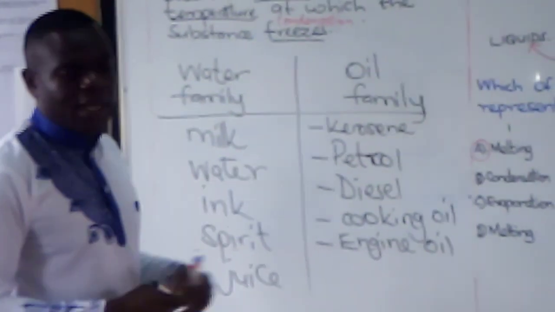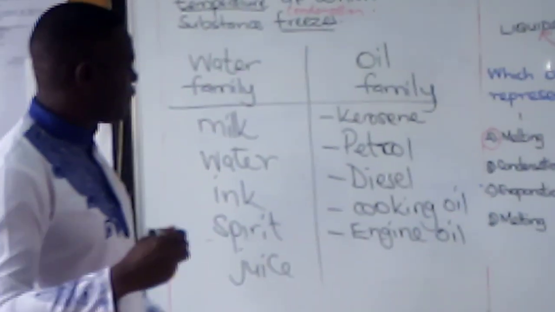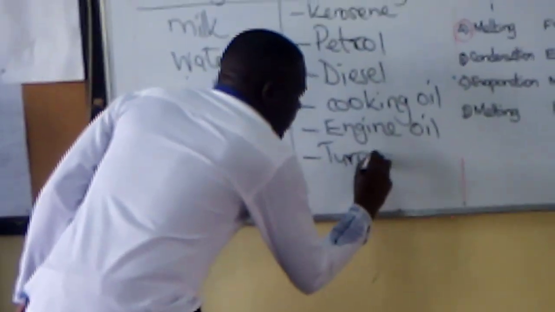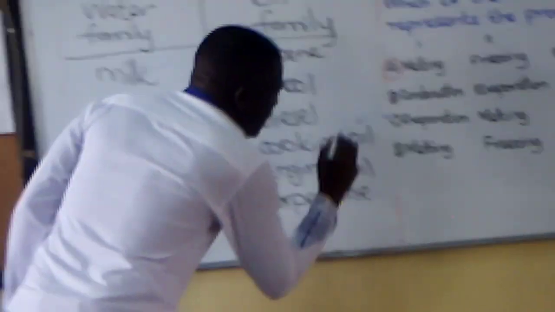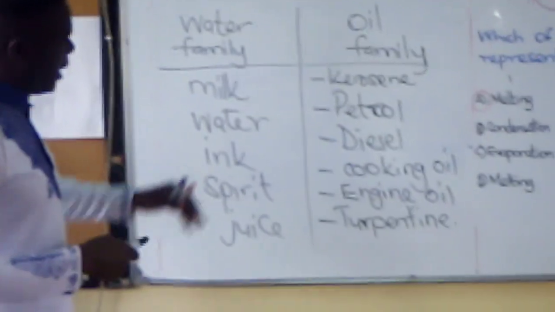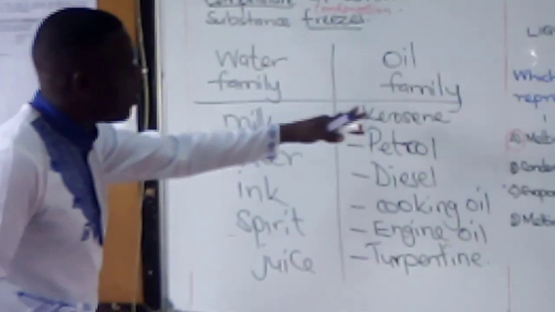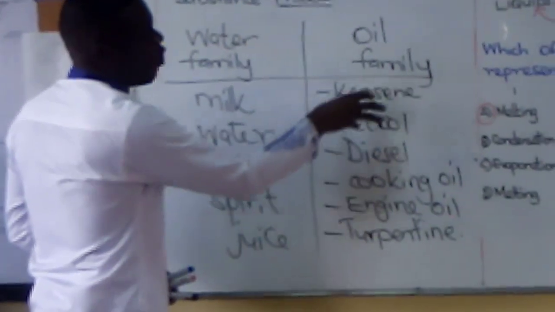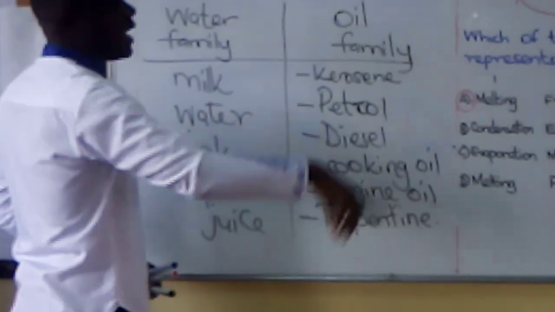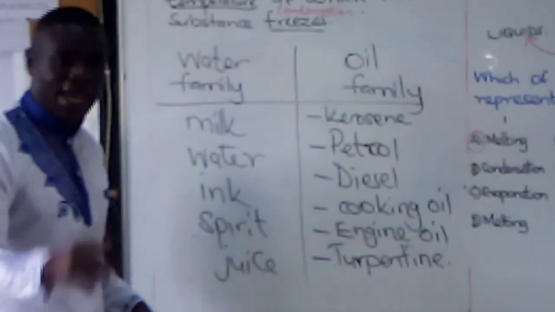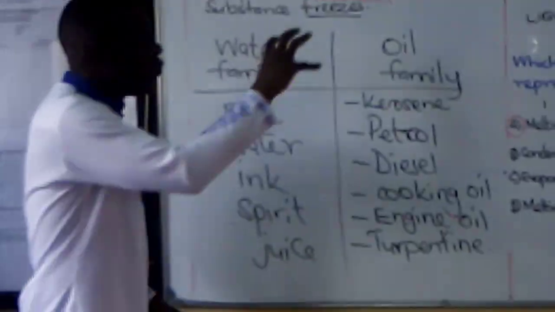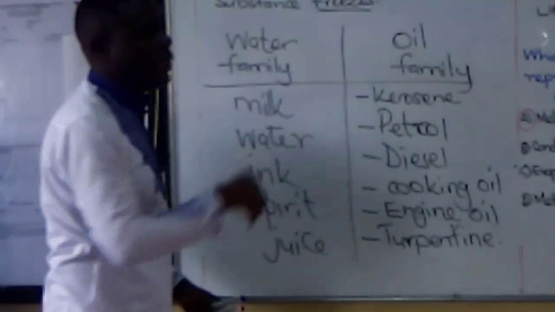We cannot forget to say turpentine. These ones are in the oil family. And so these liquids in the oil family, they mix within themselves. If you mix them all together in one container, they will have one layer. They'll not form layers. There'll be a solution on itself.